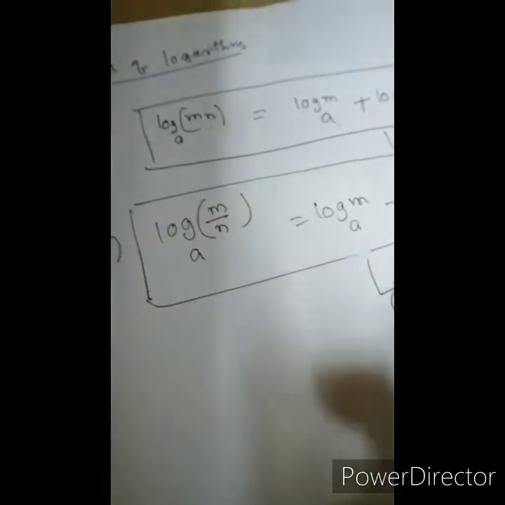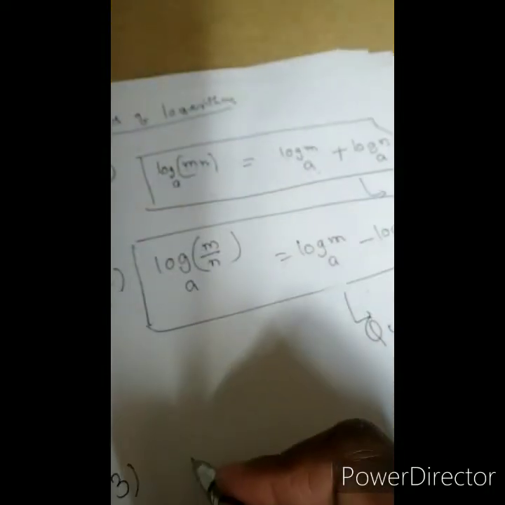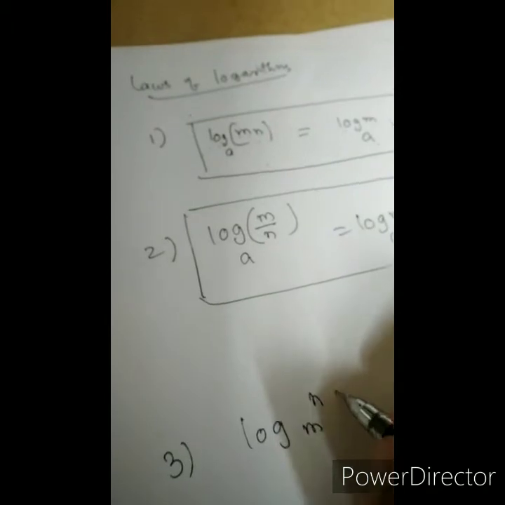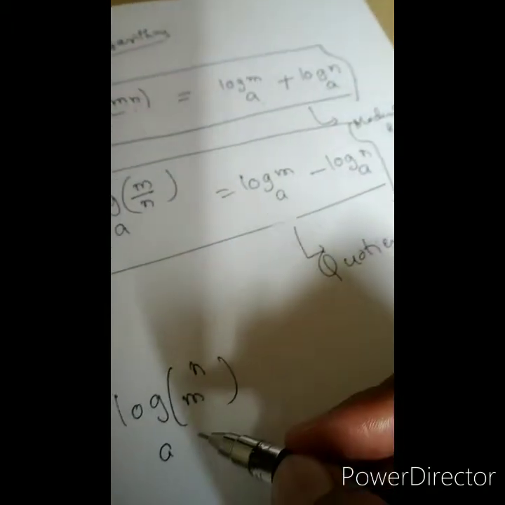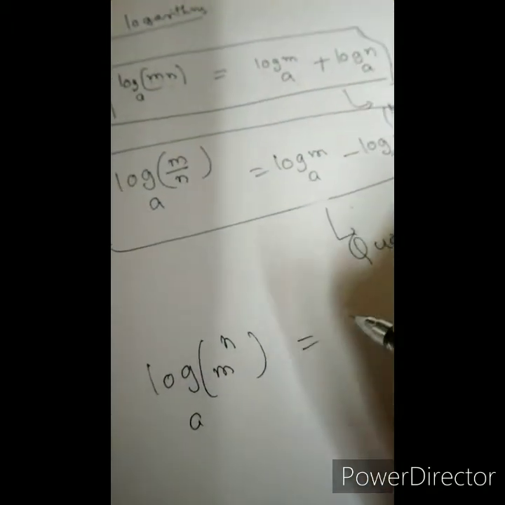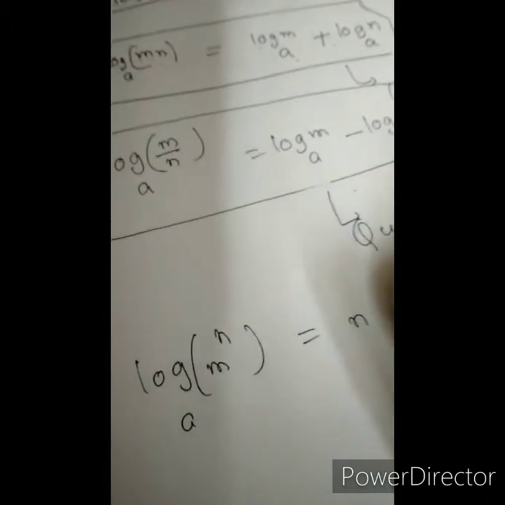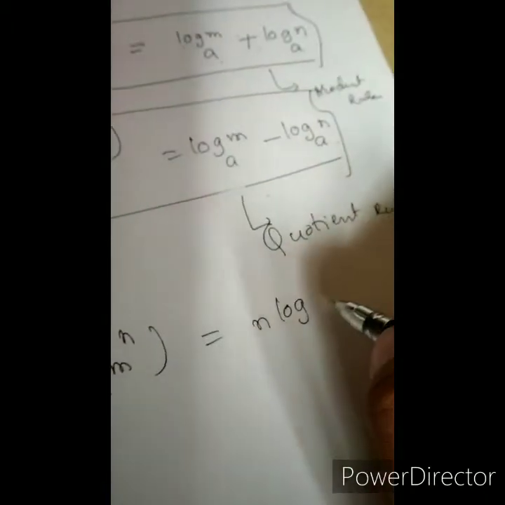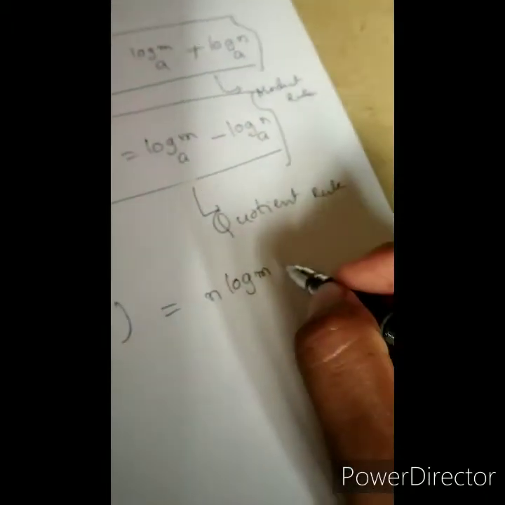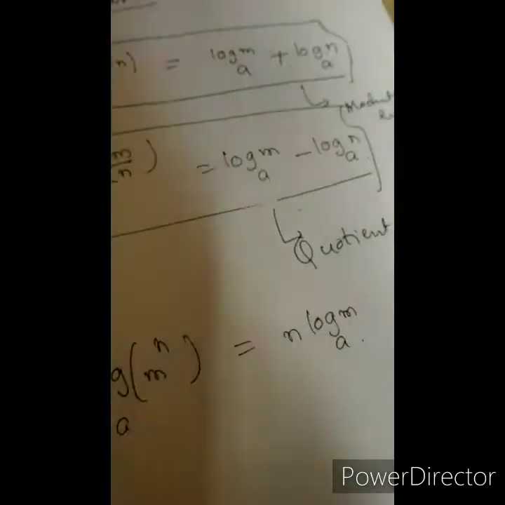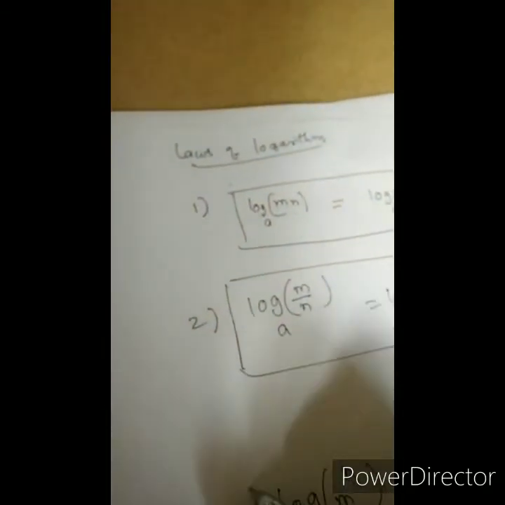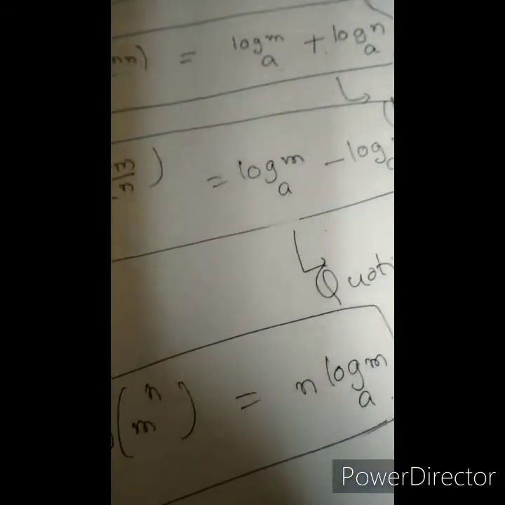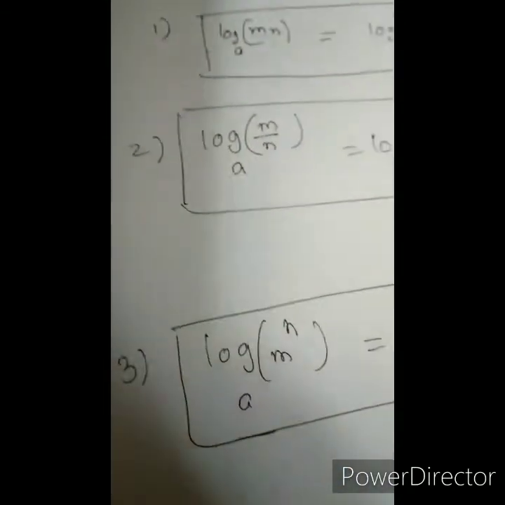Third one, logarithm of m power n to the base a is equal to n into logarithm of m to the base a. We call it the exponential rule also, because here there is an exponent.